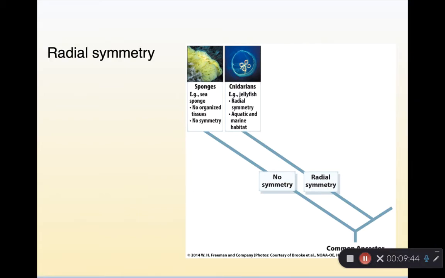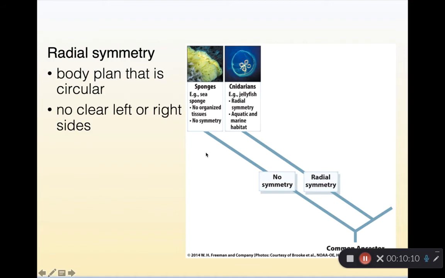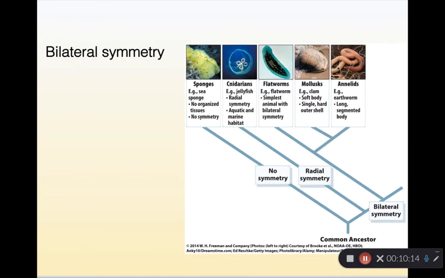I have a specific video for you to watch on cnidarians because they really are the start of a lot of evolution that we start to see, such as movement and digestion, that are very important for everything else down the line. So again, cnidarians have body plans that are circular. They have that radial symmetry. There's no clear left or right sides.